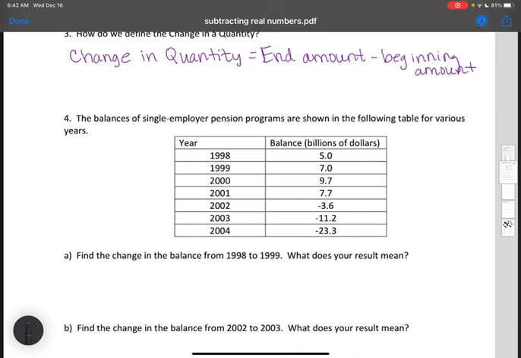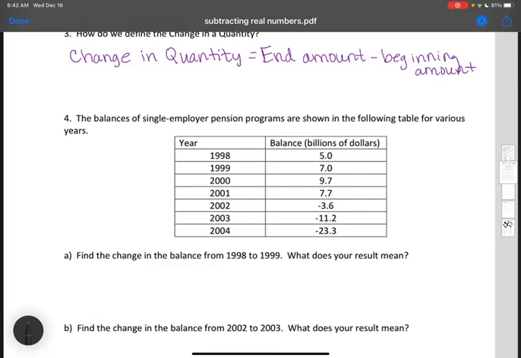Number 4, the balances of single employer pension programs are shown in the following table for various years. Okay, so it looks like we're looking at 1998, going up 1 year at a time to 2004, and that balance looks like it's 5, and that's in billions of dollars, and then kind of goes up, back down, down, down, and down, all the way to negative 23.3.